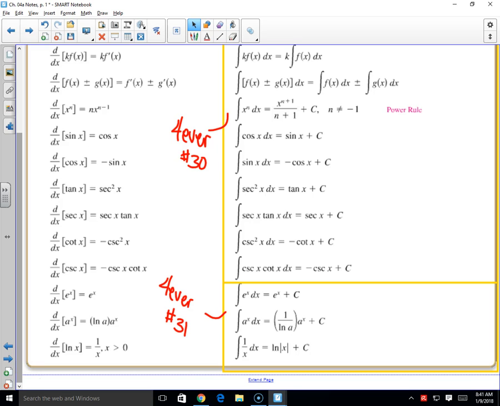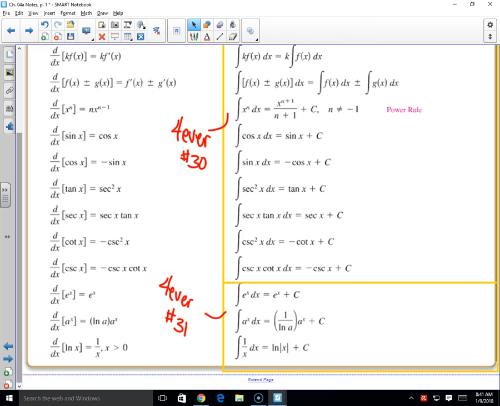Nice. How about a to the x? Was he a nice derivative? Was he as nice as e to the x? No. So his integral is going to be, remember, e to the x, a to the x. They both have derivatives, aka antiderivatives, that are the same. But a to the x needed an ln of a, which means I needed 1 over ln of a to compensate.